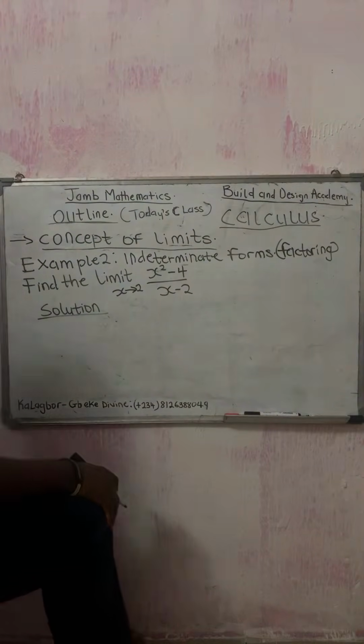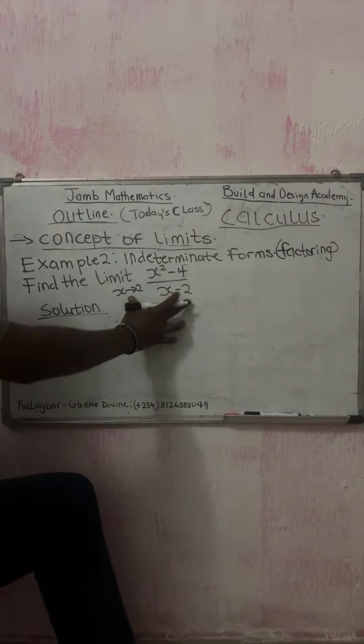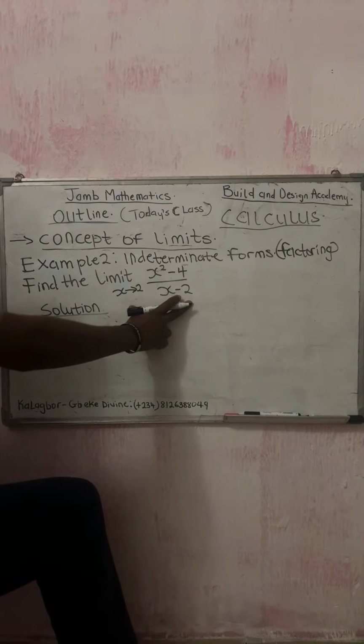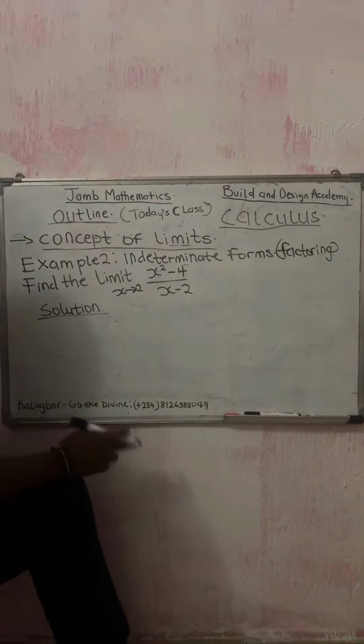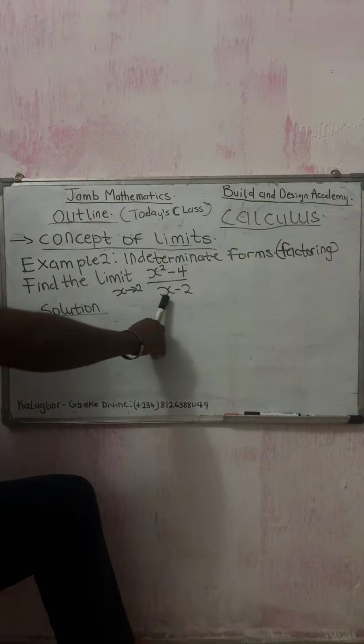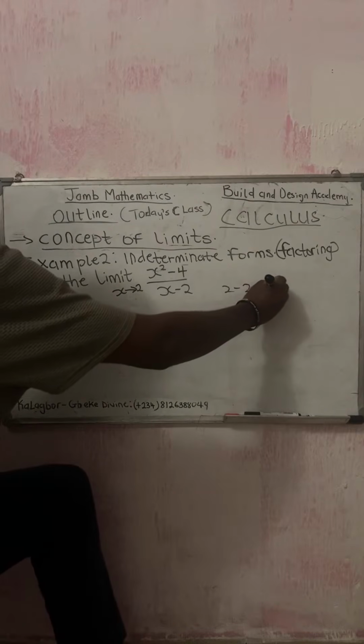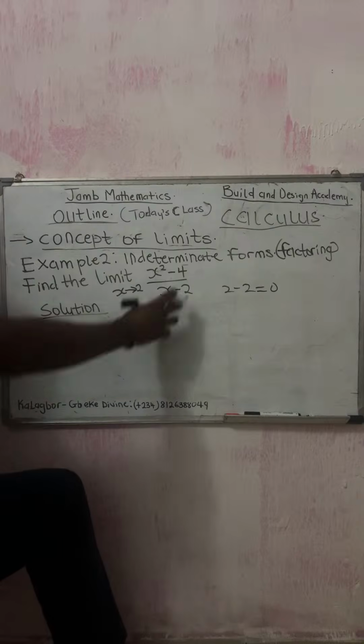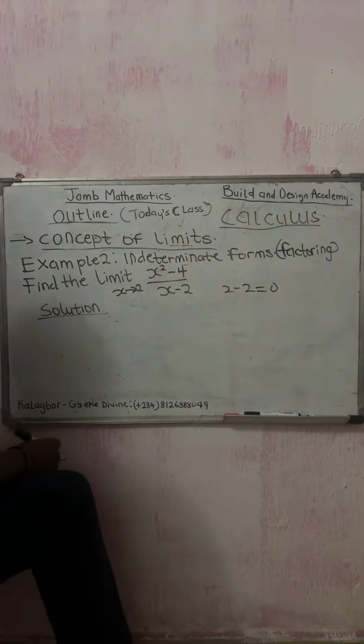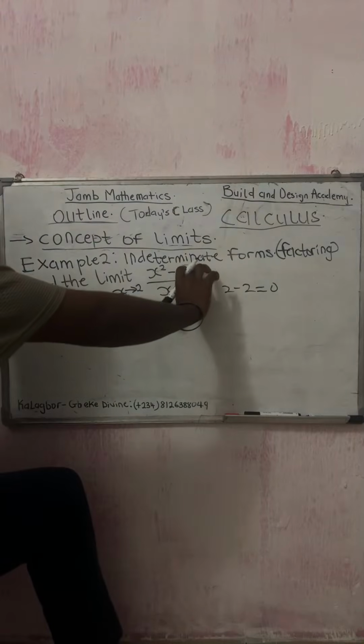Now, first of all, if we look at this limit, we know that if we put direct substitution into the denominator, if we put x as 2, we will have 2 minus 2, which will make our denominator 0. And once our denominator is 0, it simply means it is undefined. So we cannot find where this function is approaching.